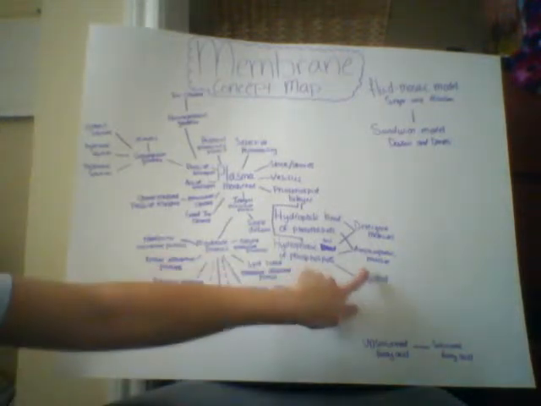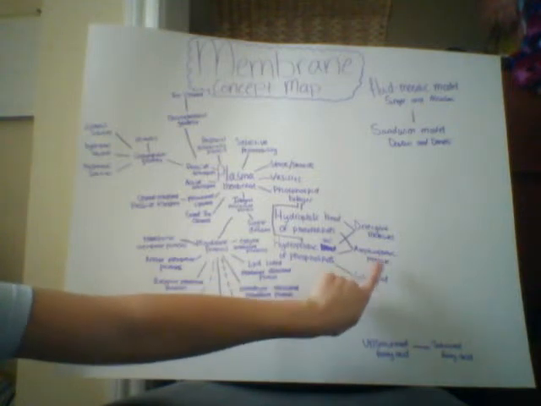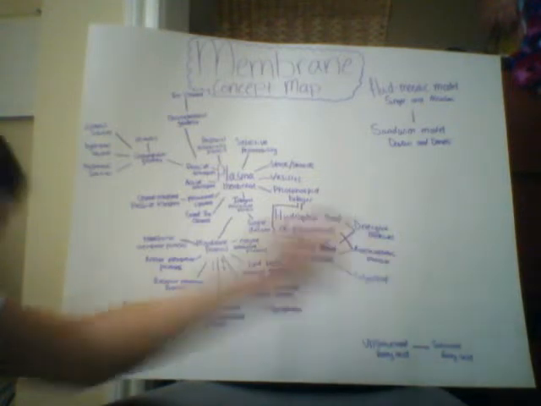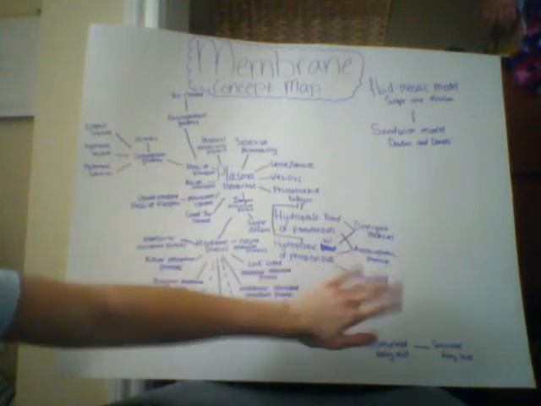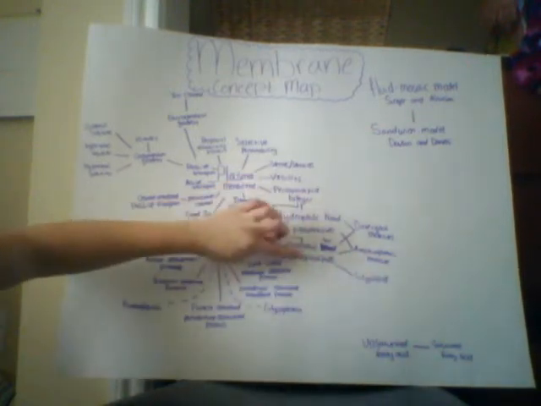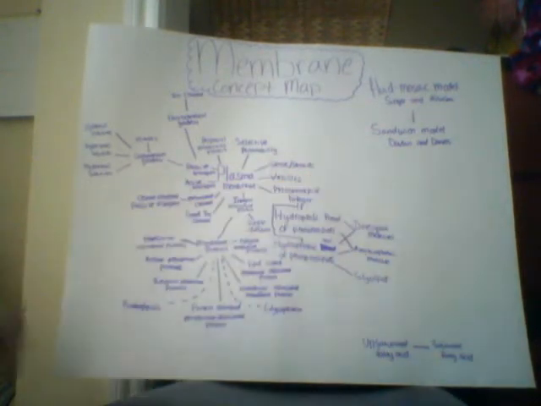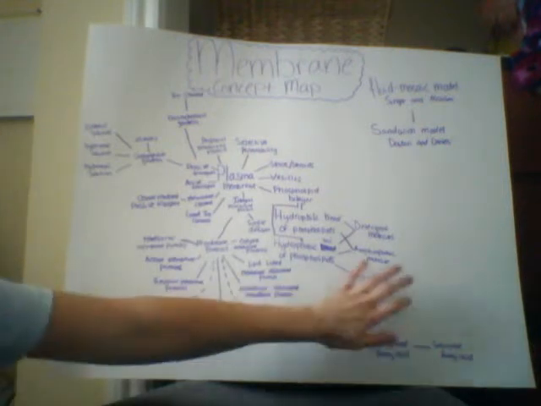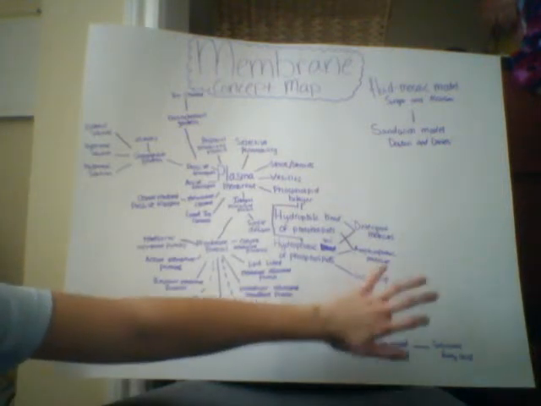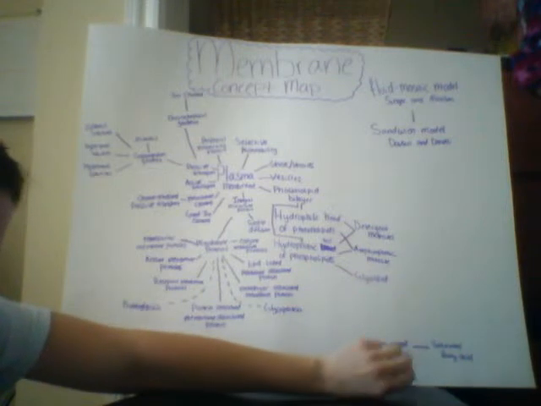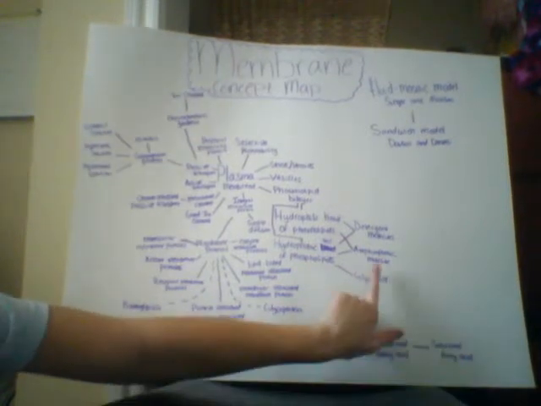And then we also have amphipathic, I'm not sure if I pronounced that correctly, but here we have it going to both hydrophobic and hydrophilic, just like the detergent molecule. Amphipathic has both hydrophobic and hydrophilic regions.